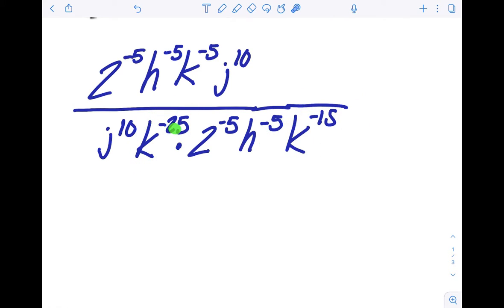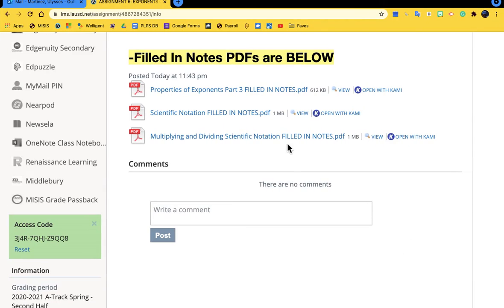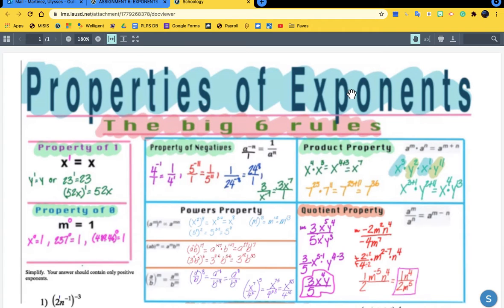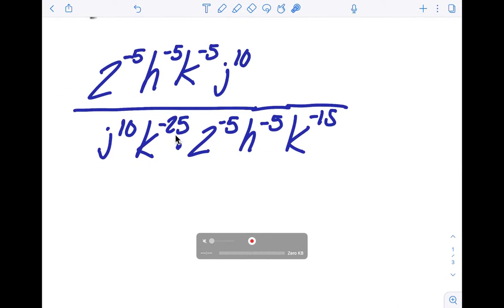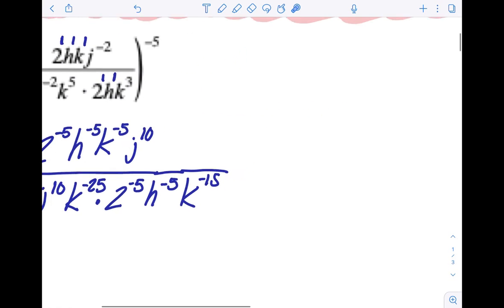So -25 plus -15, because remember that when we are multiplying the same bases, we add the exponents, right? And the notes are right here. So they opened up. And remember, these notes will be available during your quiz. So when we multiply, product property, we add our exponents. So -25 and -15 is -40.